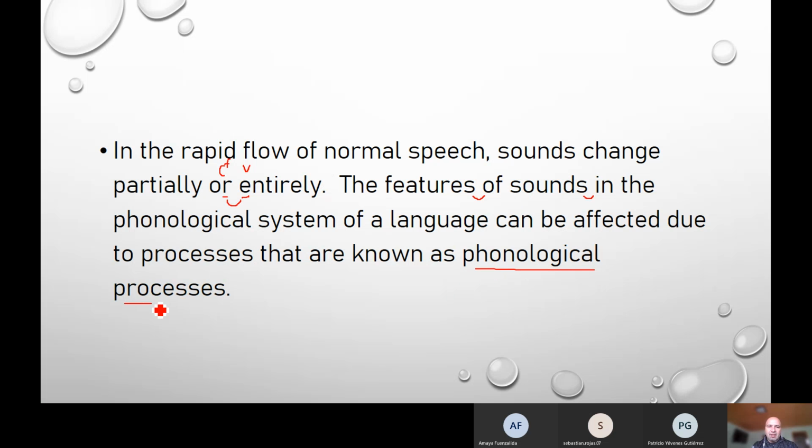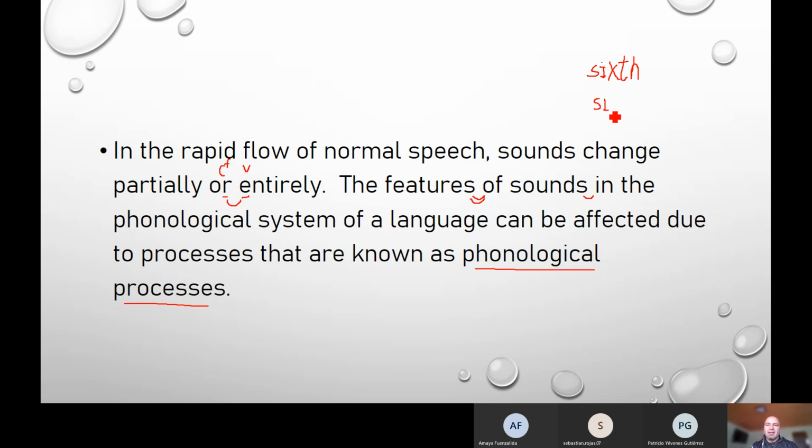Sometimes sounds are linked, connected. Sometimes some sounds disappear because sometimes we have too many consonant sounds, like for example in the word sixth, the ordinal number, 1, 2, 3, 4, 5, 6.